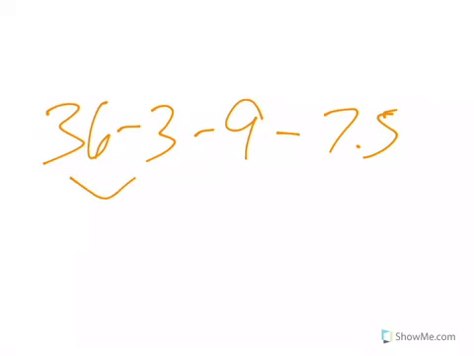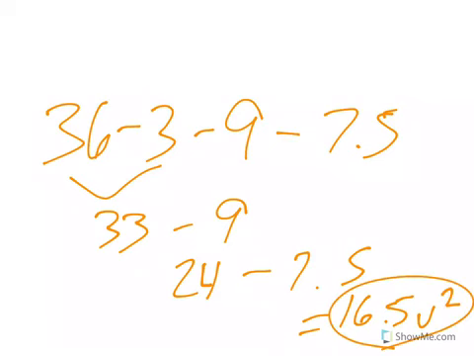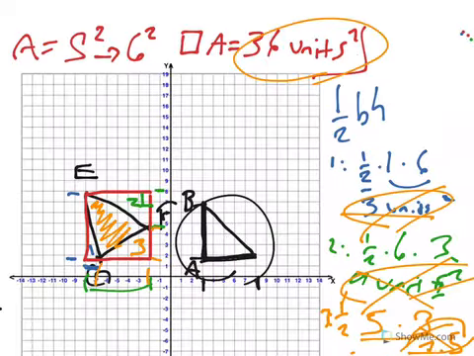So 36 minus 3 is 33. Minus 9 is going to be 24. And then minus 7.5, we're going to end up with 16.5 units squared. So, again, that was pretty complicated.